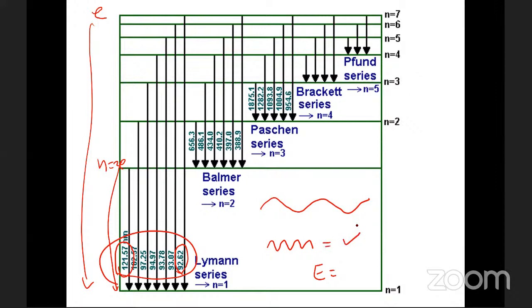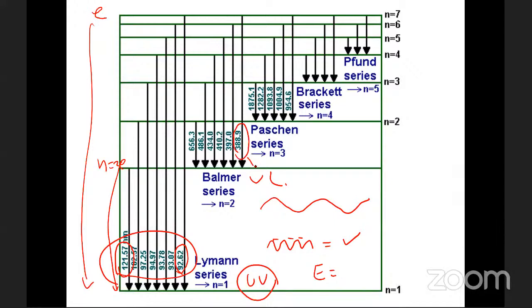Macam kita jatuh tangga, kita jatuh tangga satu step tak ada apa, betul tak? Kalau kita jatuh katil double decker tu agak sakit lah kan. Kalau korang nak test, if you jump from the higher energy level, so korang akan lagi sakit lah impact dia tu. So shorter wavelength 92.62, meaning that the frequency dia tu tinggi, so means the energy is higher. That is why this is under UV. This is under visible light.